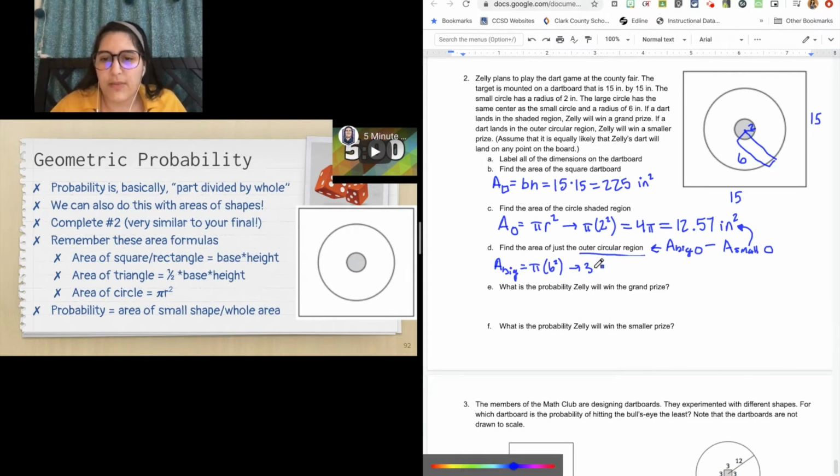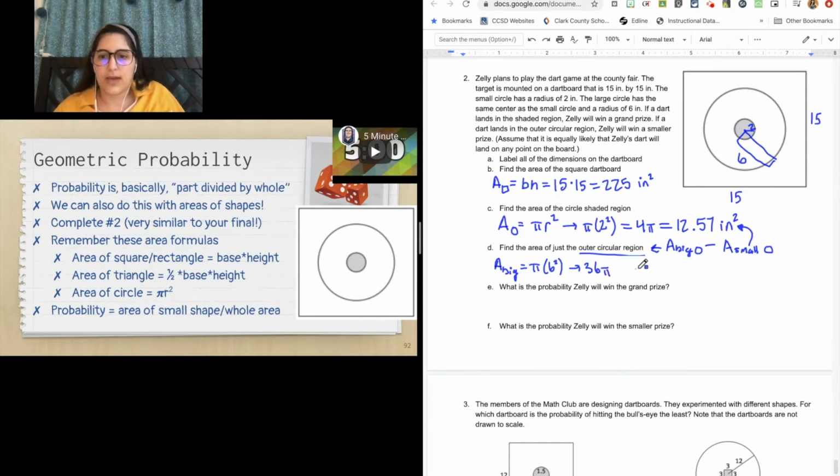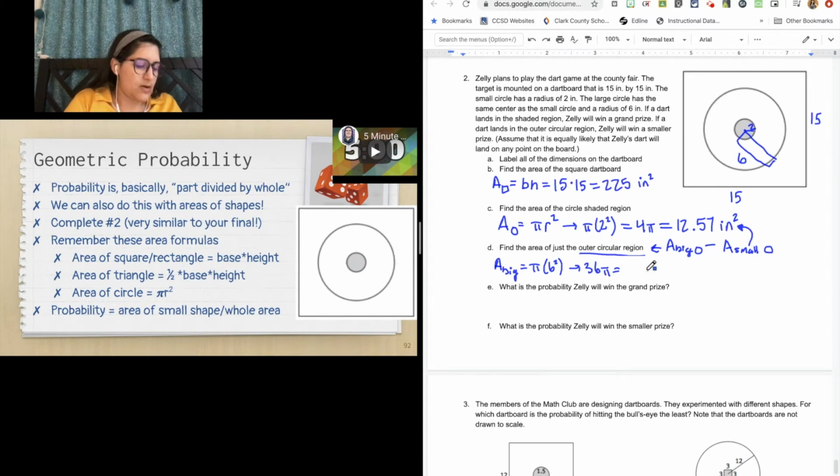Lost track of my numbers here for a second. So that's 36 pi. Okay. Which is, if you do 36 times pi in your calculator, you get 113.10.